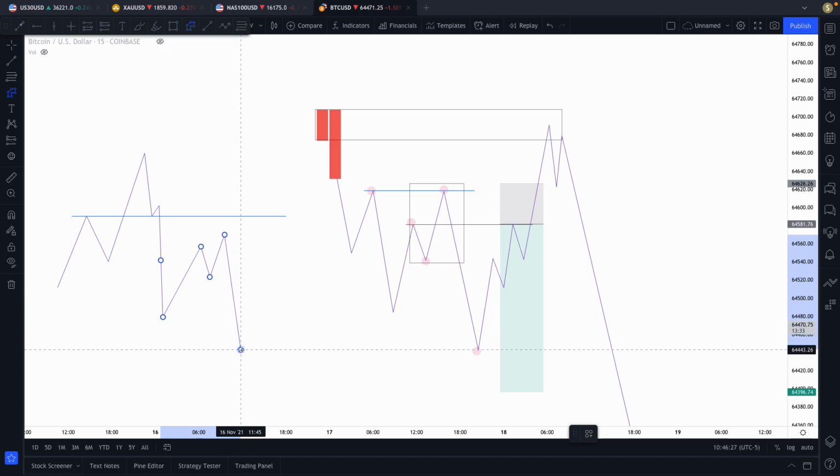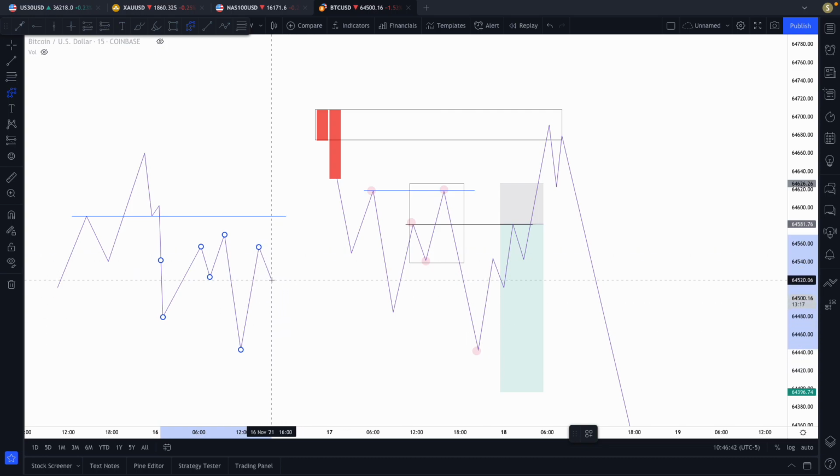So people try to forget the big picture of the QML that is inside this area. Then they try to focus on this small QML, the one that we have there. So this is where they'll focus, thinking market is gonna go more to the downside.